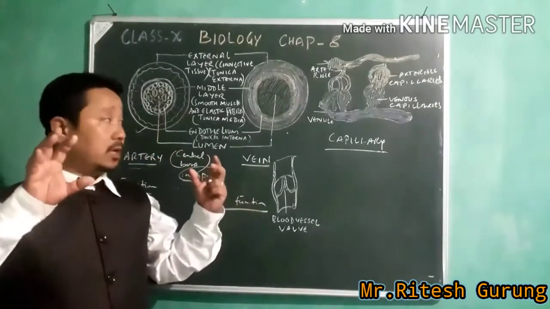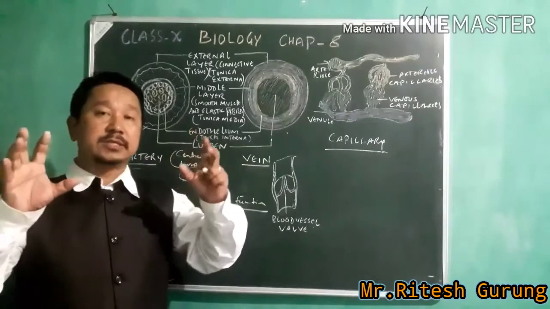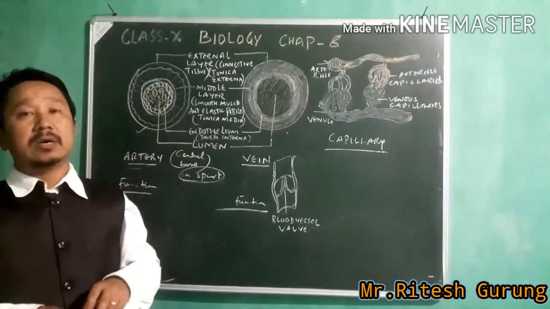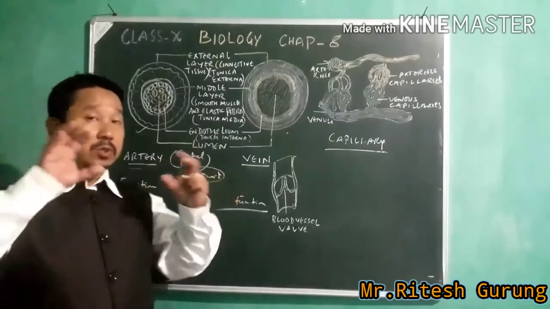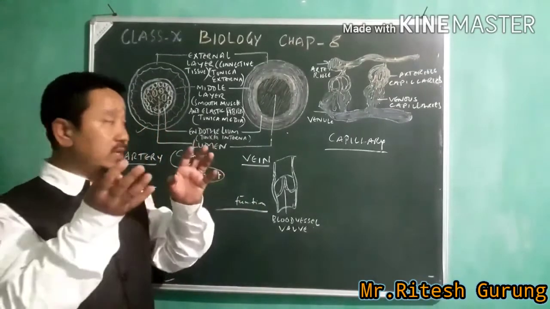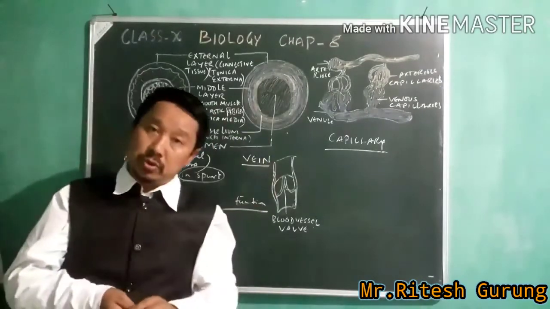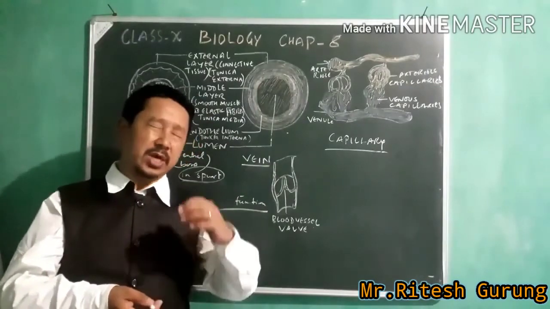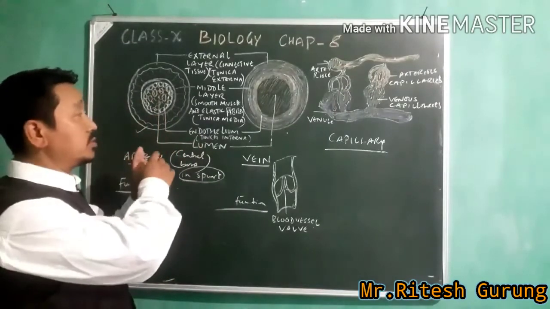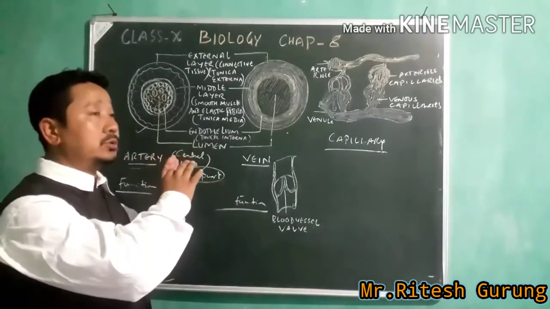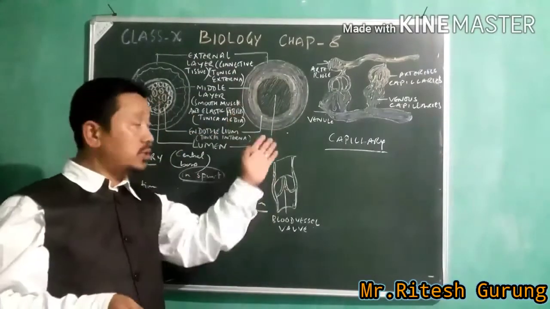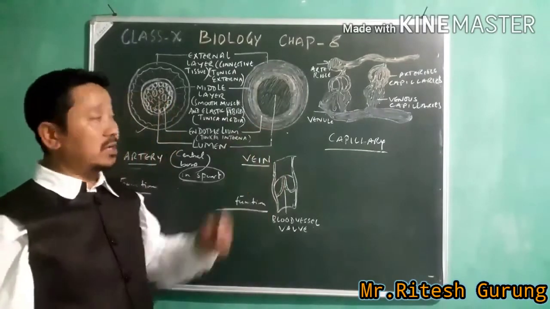That means blood is brought back to the heart from the different parts of the body, collected into the heart through the vein. Here the artery carries blood away from the heart to different parts of the body, but the vein carries it from different parts of the body to the heart. So that's the function of vein.